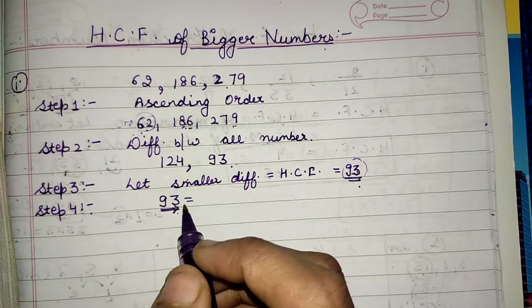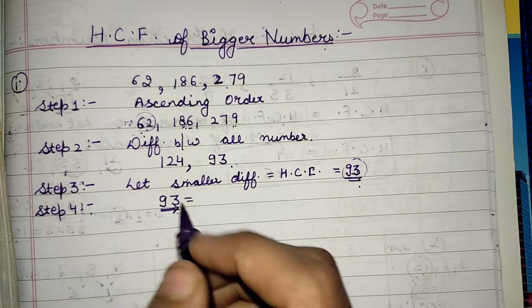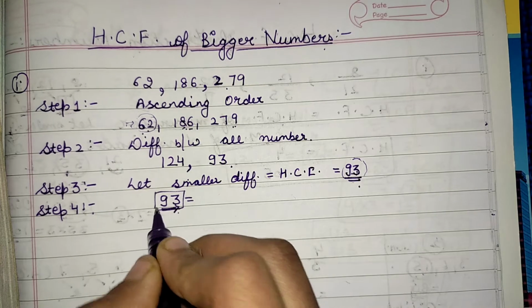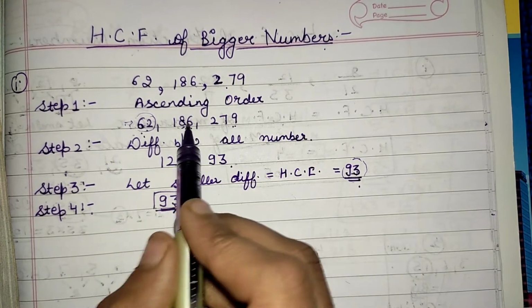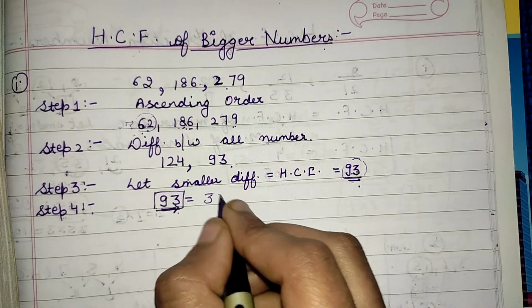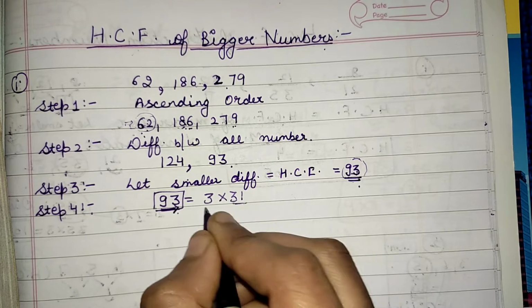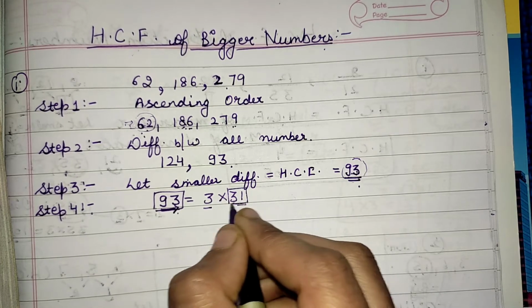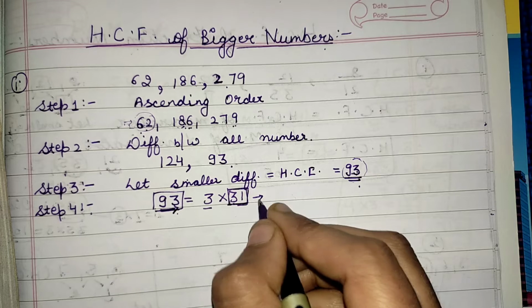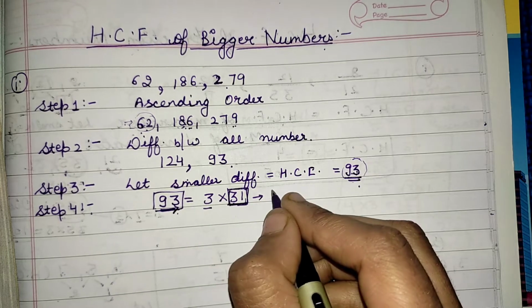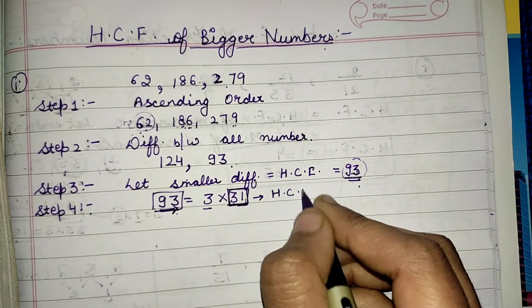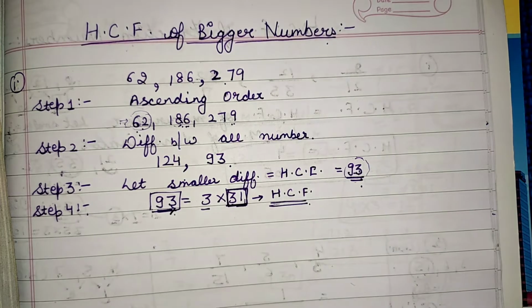So we will do one more step other than the steps we did in the previous video: if the difference is greater than any of the numbers, then we write down the factors of this number, 3 and 31, and imagine that the bigger factor is my HCF.